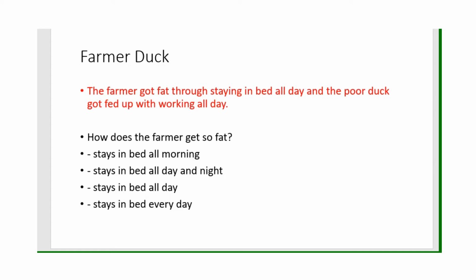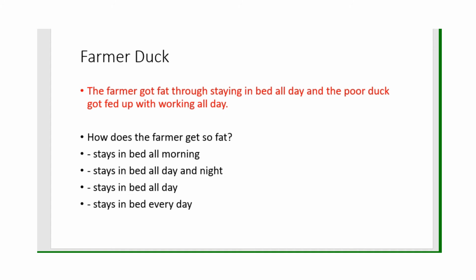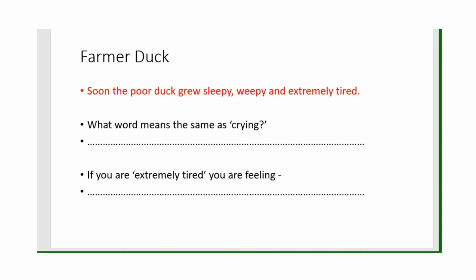So you read all the options, then you find out, is it yes? You have to look really carefully because it says it's staying in bed all day. And there were two options written there. Stays in bed all day, stays in bed all day and night. So it is, he stays in bed all day, isn't it? That's the one that you would tick.